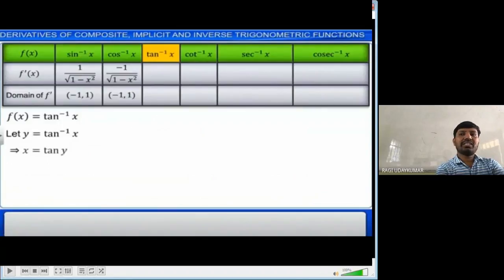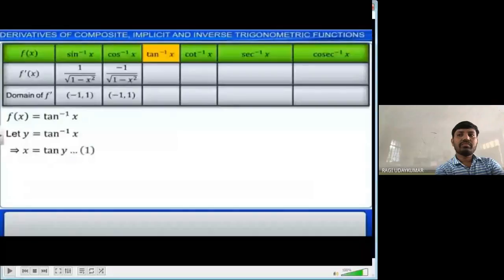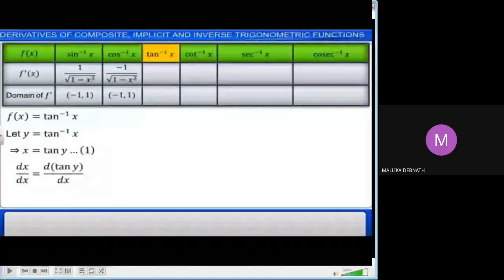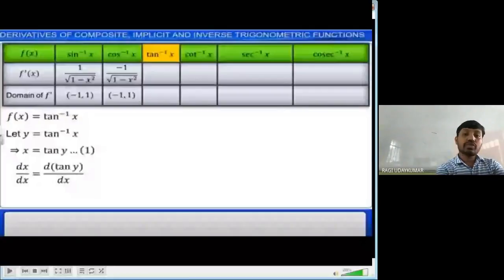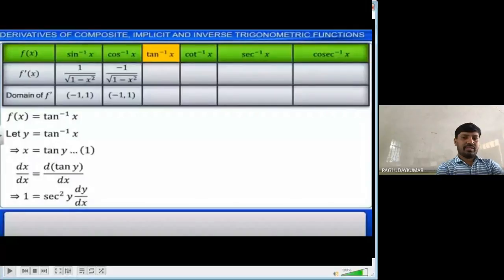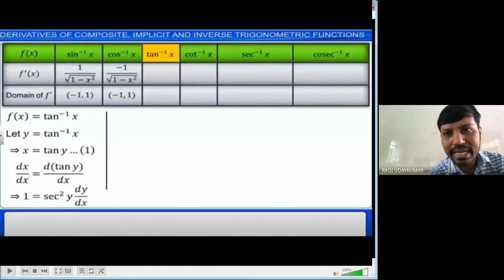What is the differentiation of tan y? Can anyone tell? The differentiation of tan y is sec square y. Yes, so sec square y dy by dx we are going to get. So 1 equals secant square y dy by dx, so dy by dx is equal to 1 by secant square y.